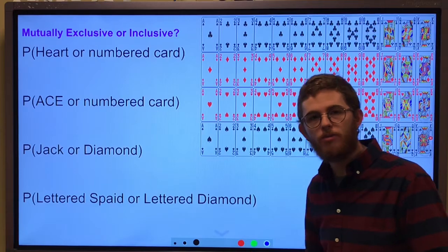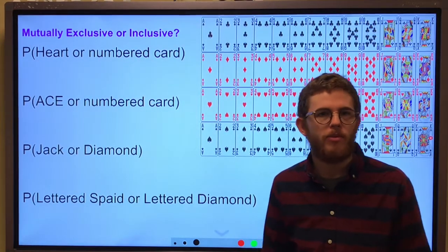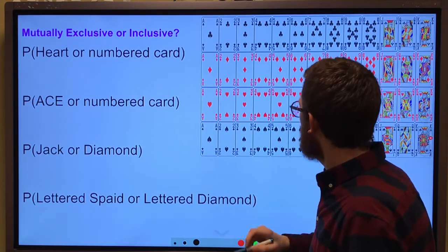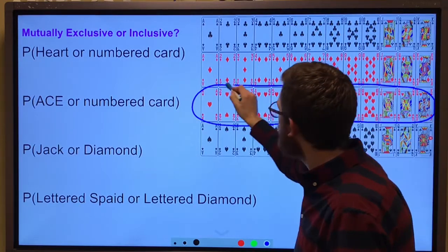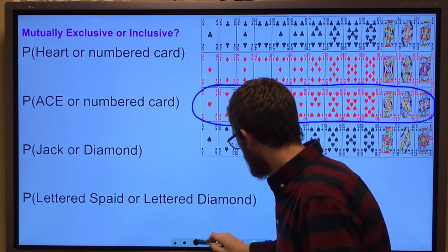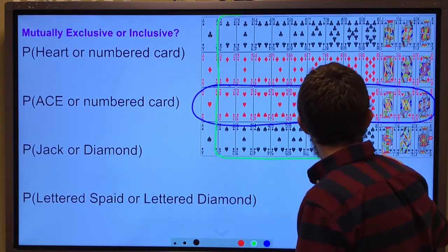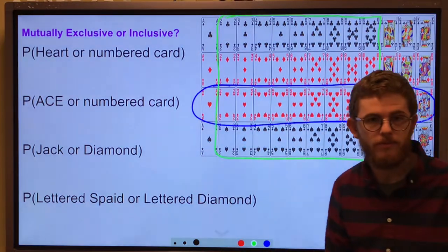All right, so we're going to look at each of these probabilities and decide, is it mutually exclusive, is it inclusive, and we're going to find the probability. So this first one, probability of getting a heart or a numbered card. Here's all the hearts, and here's all of our numbered cards. We have to ask ourselves, is there overlap?